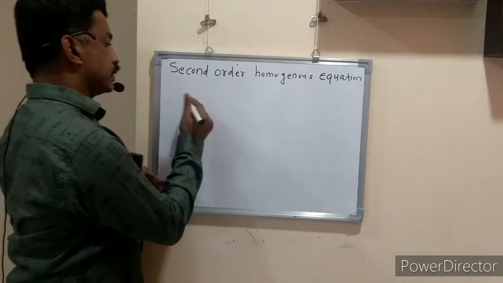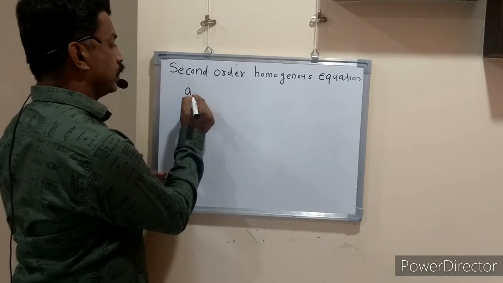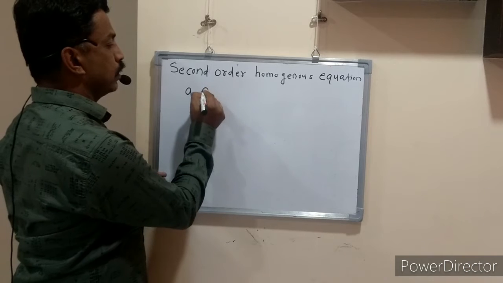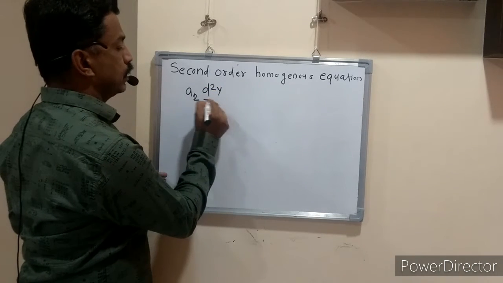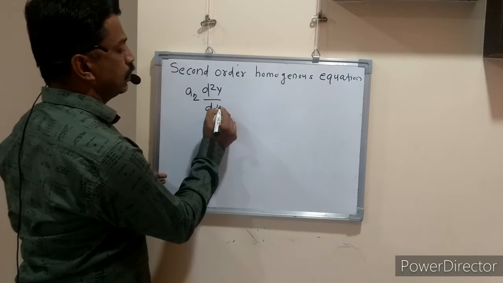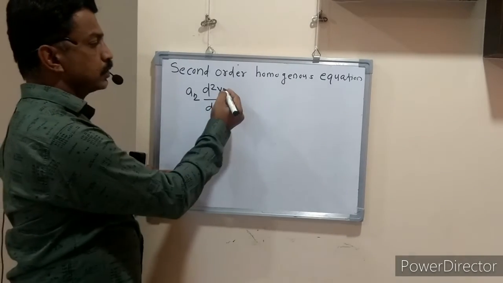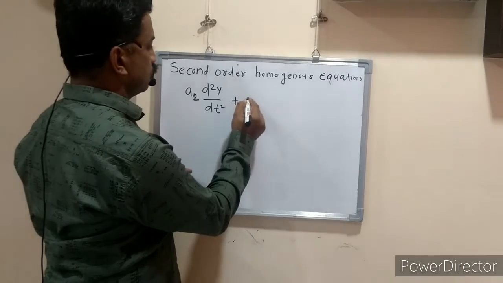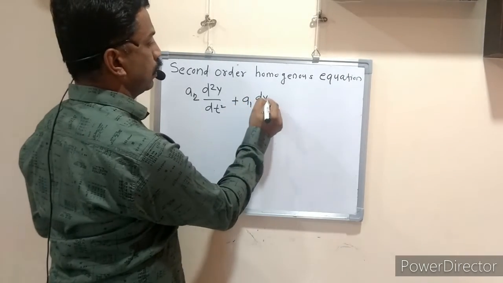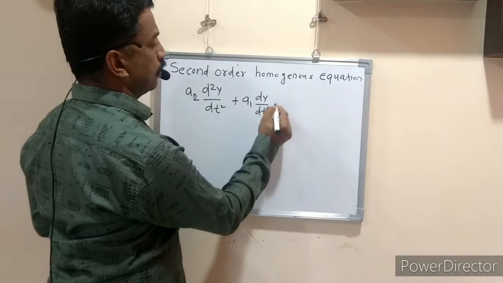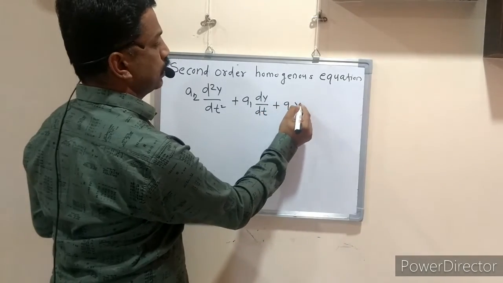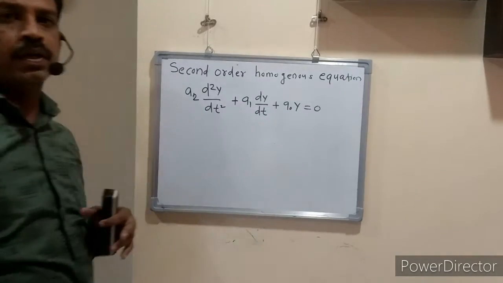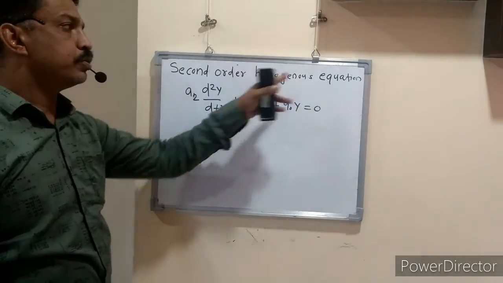Now we take one example of the form of a second order equation: a2 d2y by dt square, we can take dx square also, no problem. This y is the dependent term, t is the independent term, we have already seen it. So a1 dy by dt plus a0y equal to 0. Such type of equation is known as second order homogeneous equation.